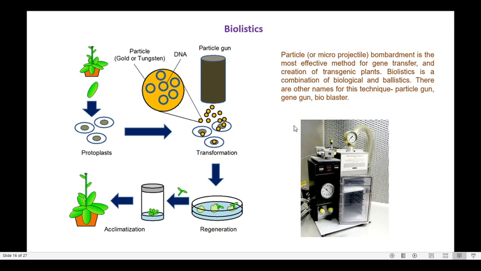Then these plant cells are allowed callus induction, and then allowed to regenerate in the regeneration medium under plant selection. Then the transgenic plants are selected and analyzed.